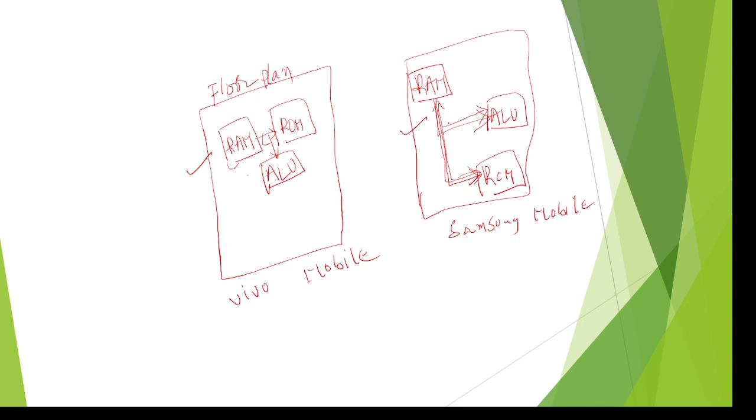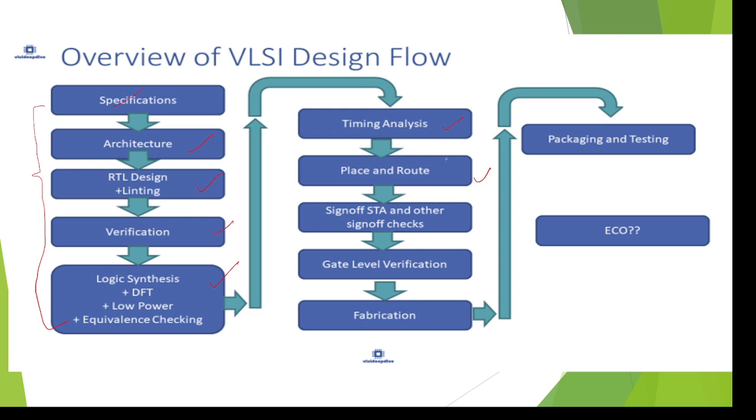This process is called the backend process. After placement and routing, they go for the sign off process. STA means static timing analysis and other sign off checks, to see whether we met our required constraints or not. Then they go for the final fabrication process after gate level verification.